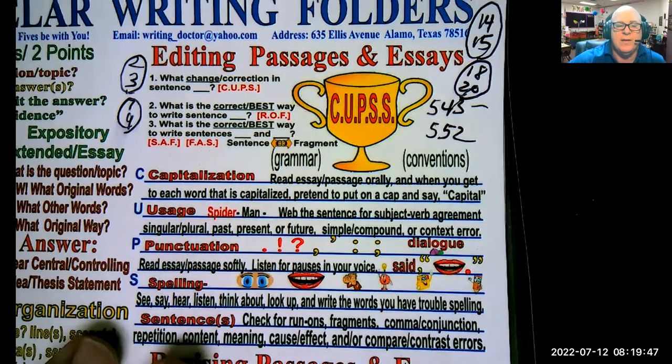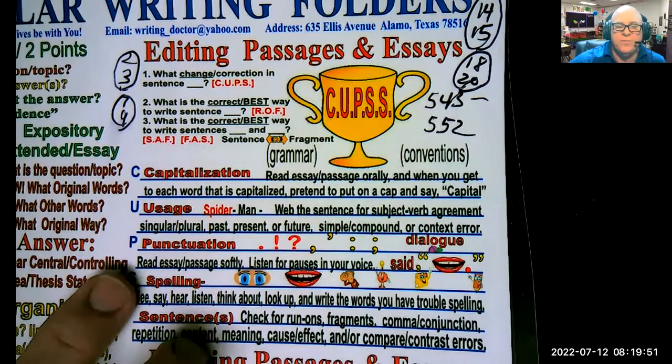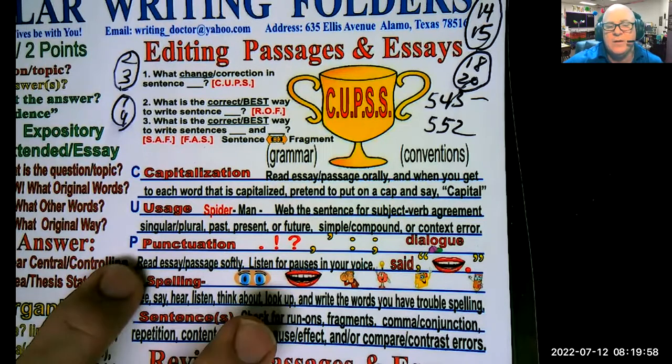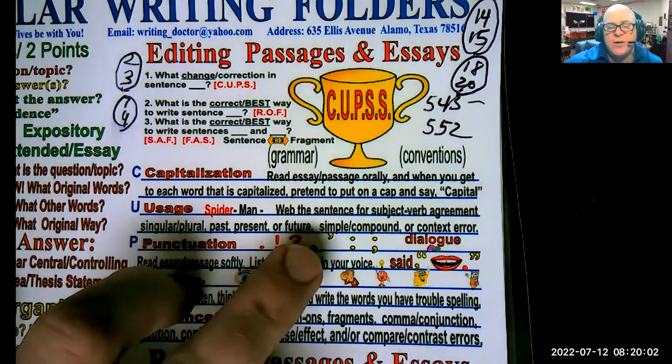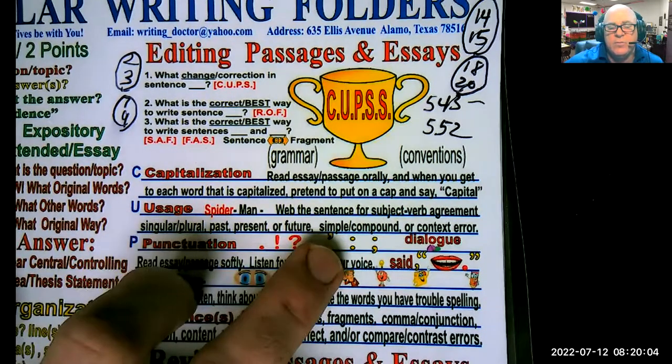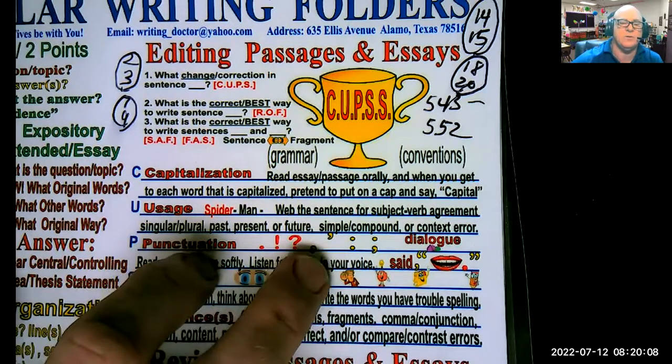Last time we were working on punctuation with the FAT guide: the floor for periods, exclamations, and question marks, the air for apostrophes, quotation marks, and contractions, and the table bounces for commas, colons, and semicolons.